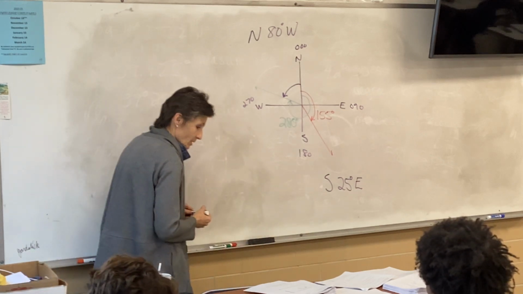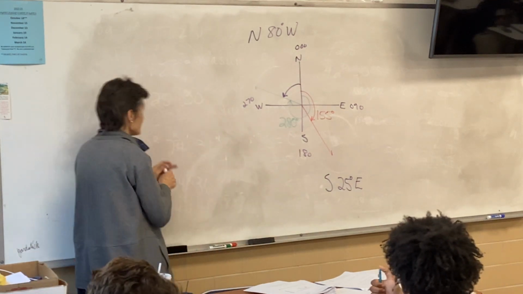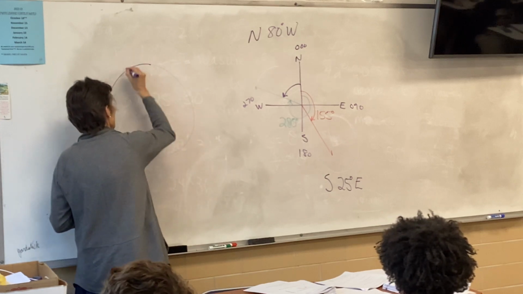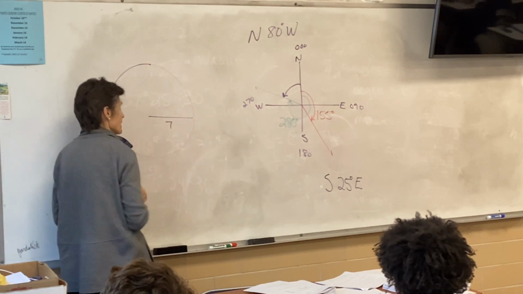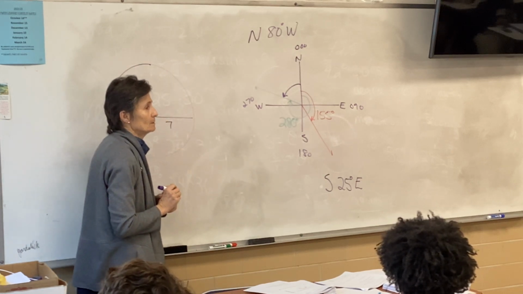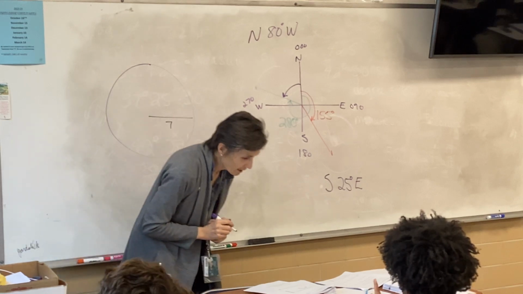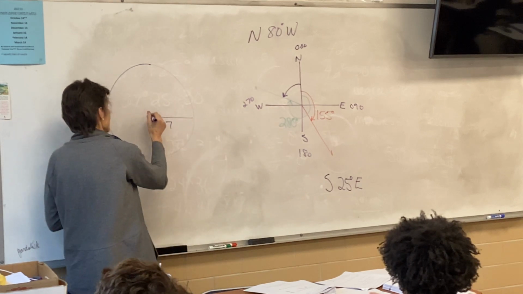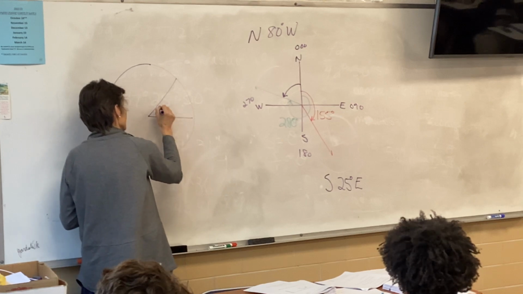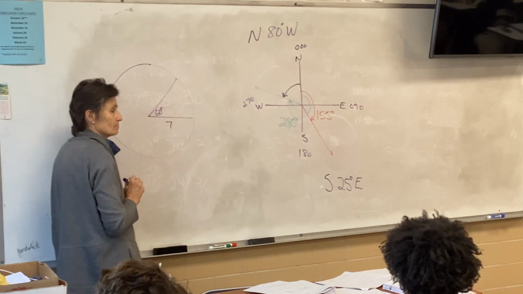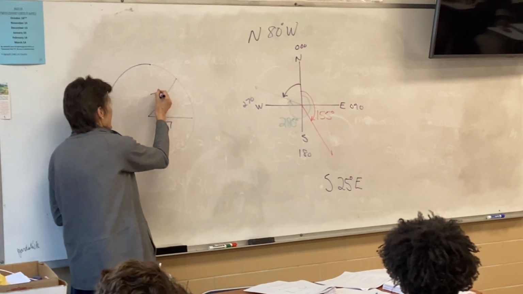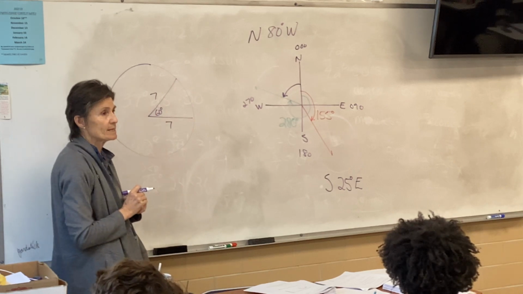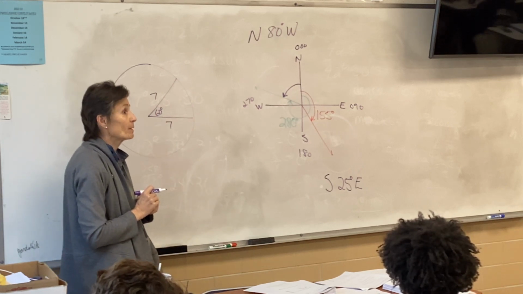You buy a large 7-inch radius pizza. So here's my pizza, 7-inch radius. You cut a 60-degree slice out of it. And we want to know the perimeter.